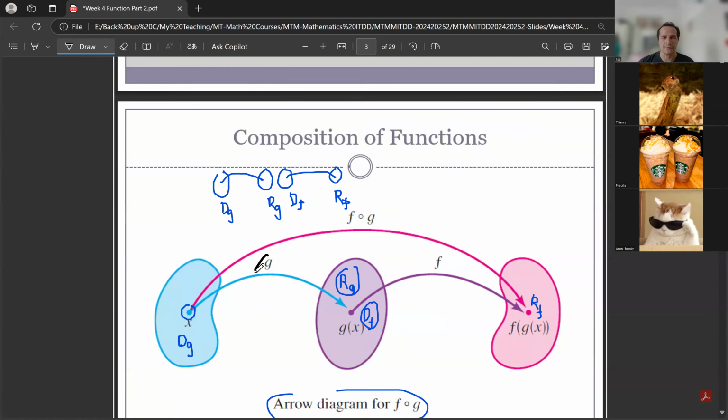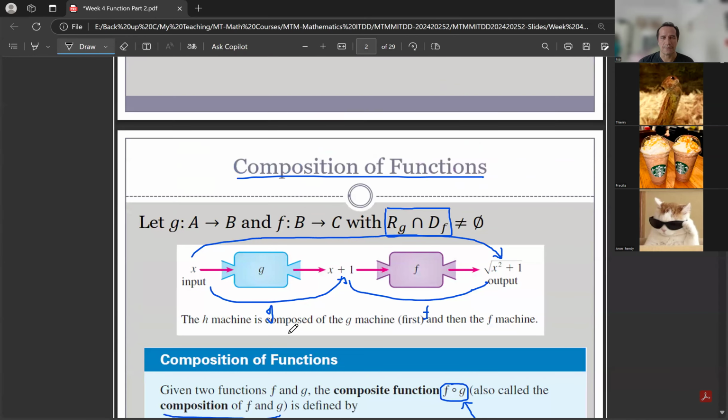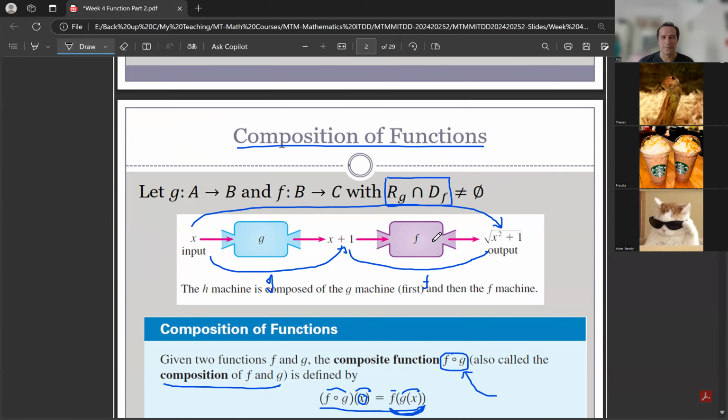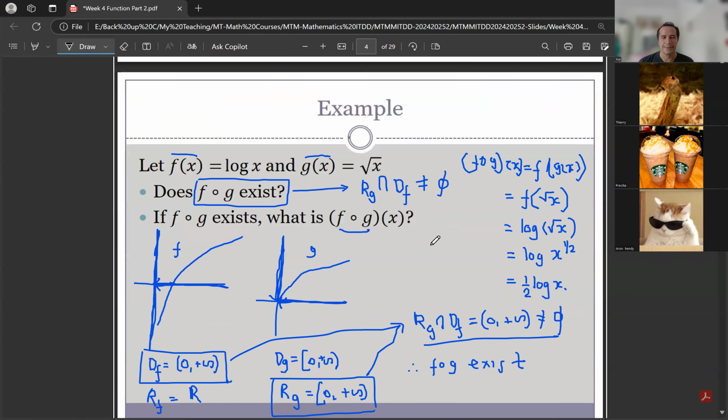So this is first G followed by F. We have the requirement: the composition function will exist if the range of G intersect with the domain of F is not the empty set. And this is the question about consistency, about the formula.